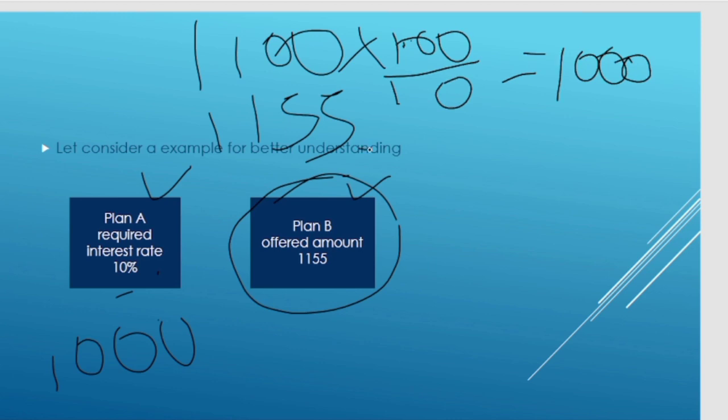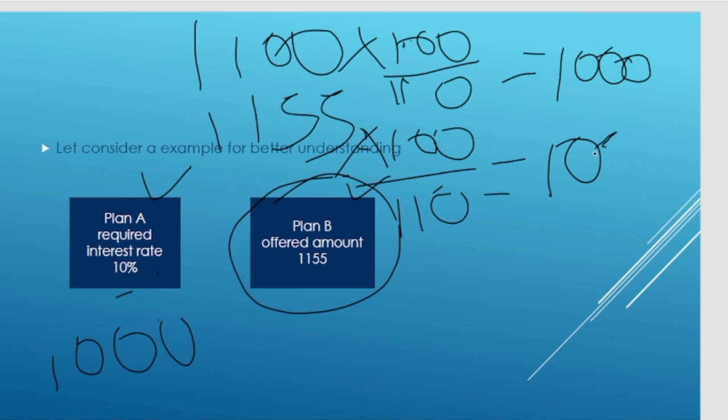And considering 1155, what is the present value? Multiply by 100 divided by 110, the interest rate, and it gives you 1050 rupees. The present values of the two are different. That's why you always choose plan B, where you receive 1050 rupees' worth by giving 1000 to plan B.